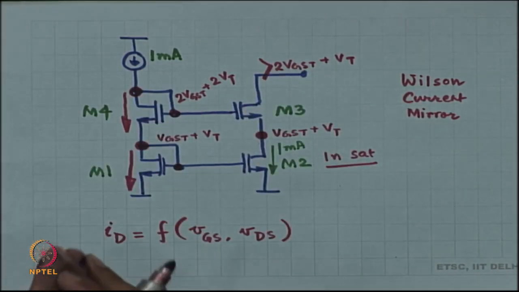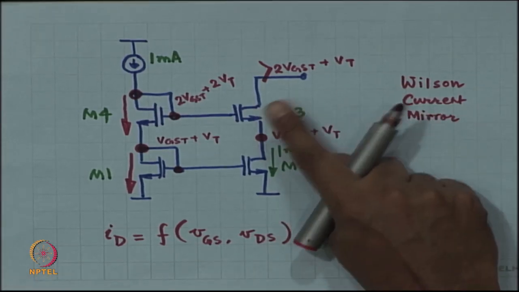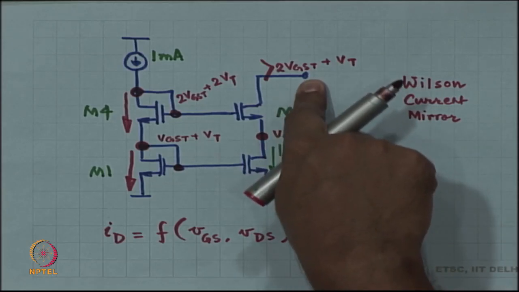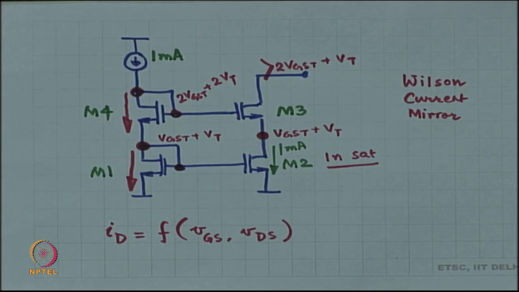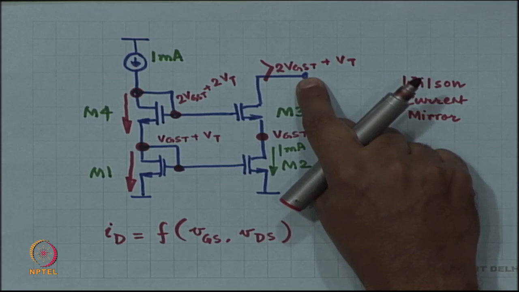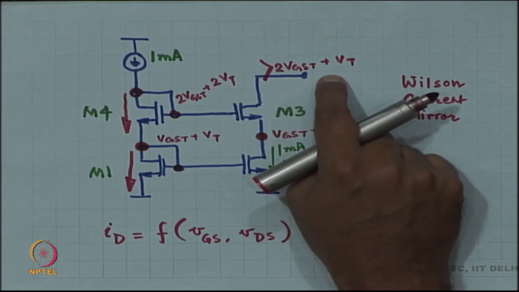Then the next important feature is that you have got graceful degradation in terms of the limit for the output voltage. The output impedance is generally very high, because you have got a cascade. However, this output impedance is going to go down, it is not going to remain as high if you go below this limit, 2 VGST plus VT.